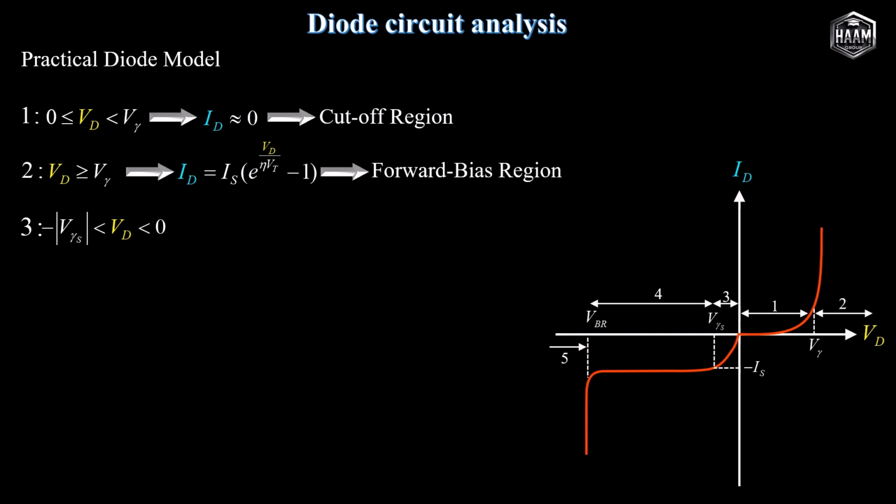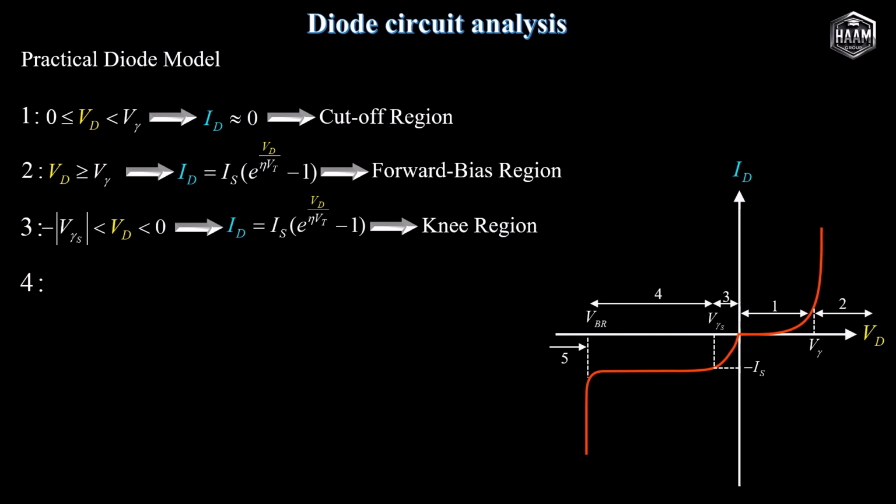Although the physical voltage polarity is negative on the characteristic curve in region 3, the diode equation remains valid, showing a sharp transition toward the negative reverse saturation current, minus I sub S. This transition interval is referred to as the knee or curvature region of the IV curve.